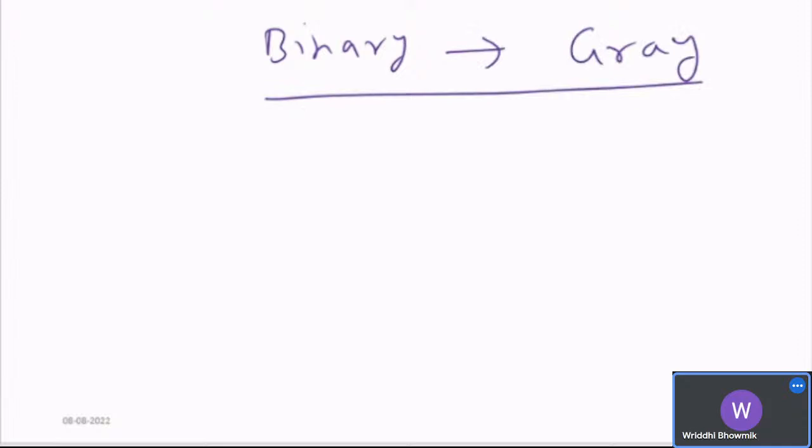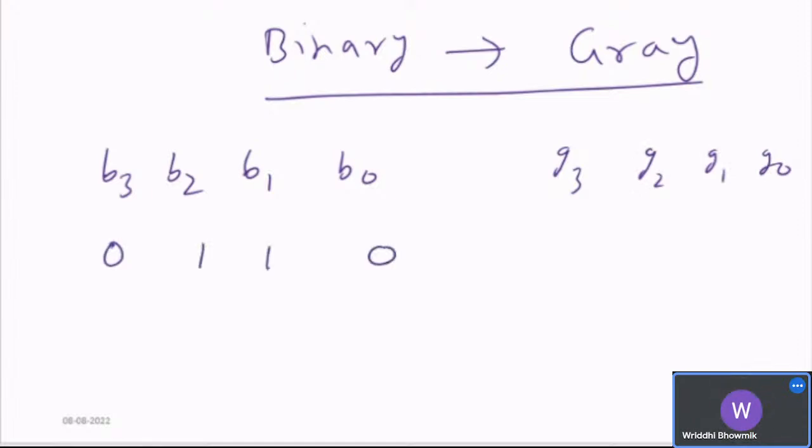Now we will study how to convert binary to gray. So we have B3, B2, B1, B0, then G3, G2, G1, G0. Suppose in binary we have 0, 1, 1, 0.